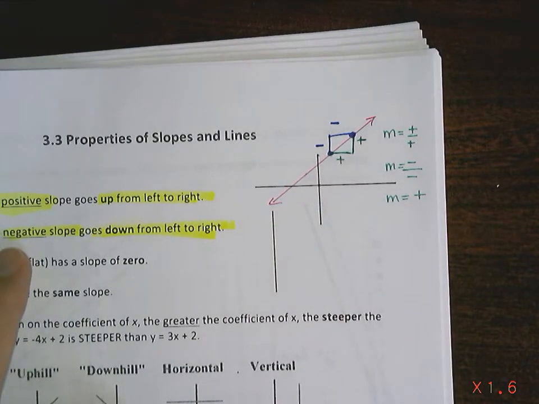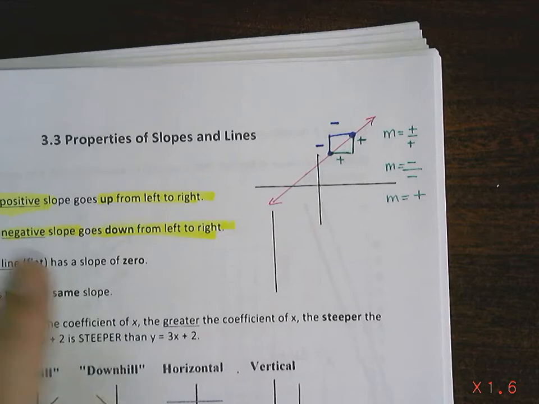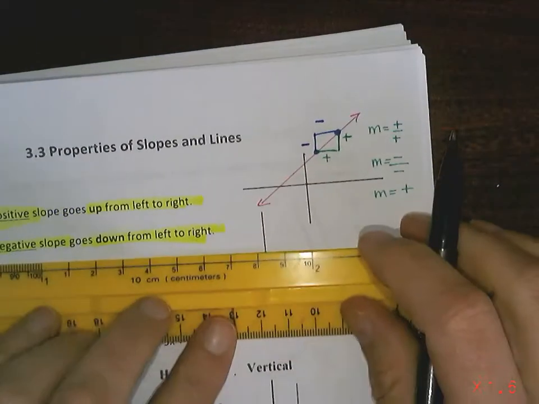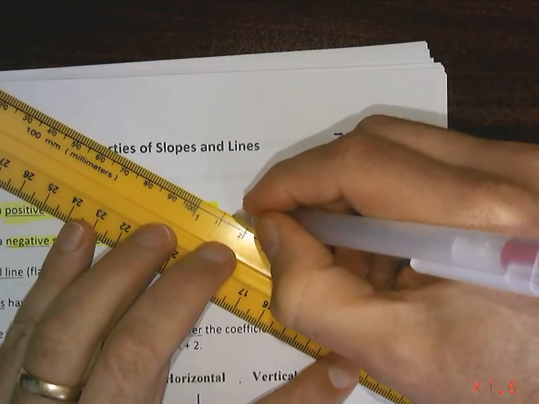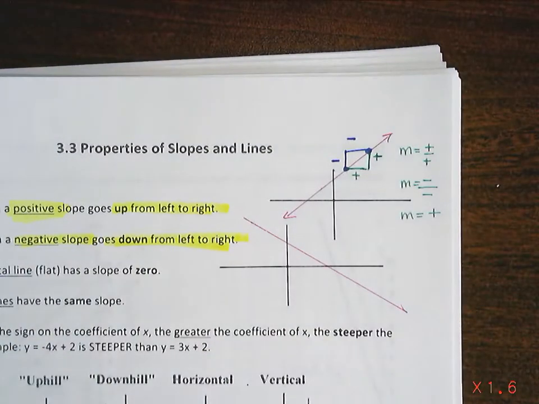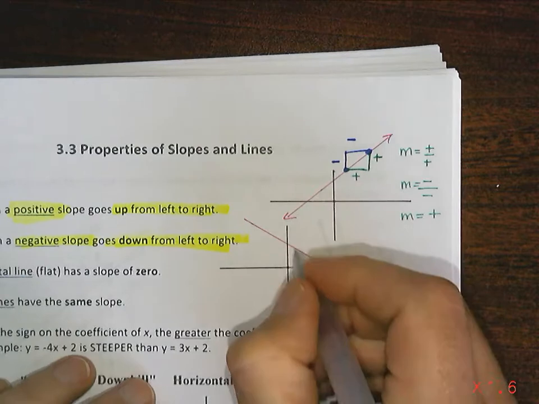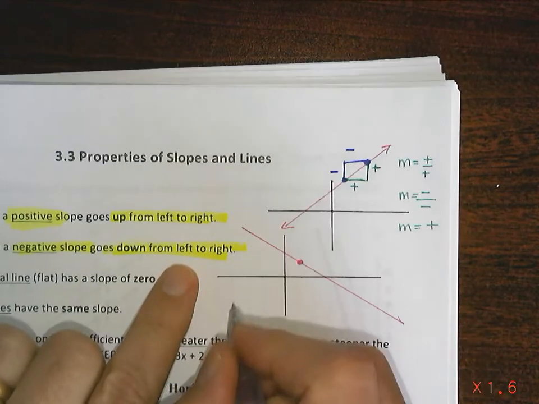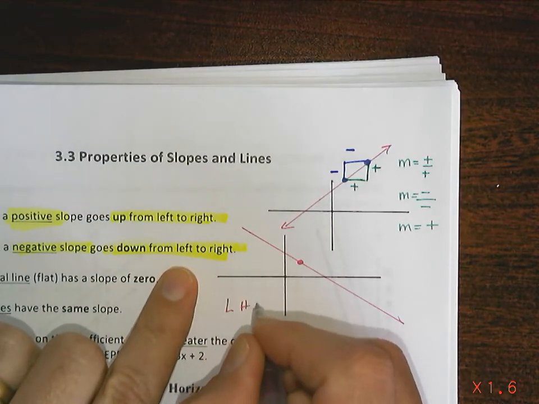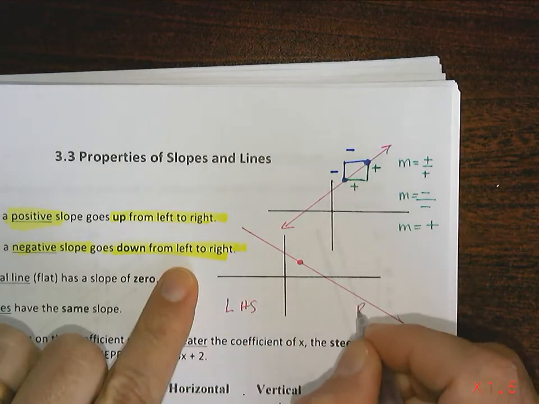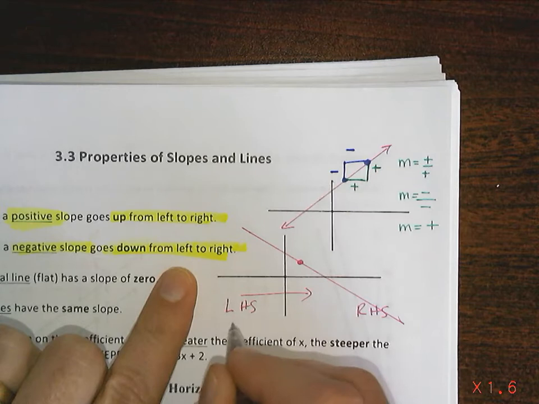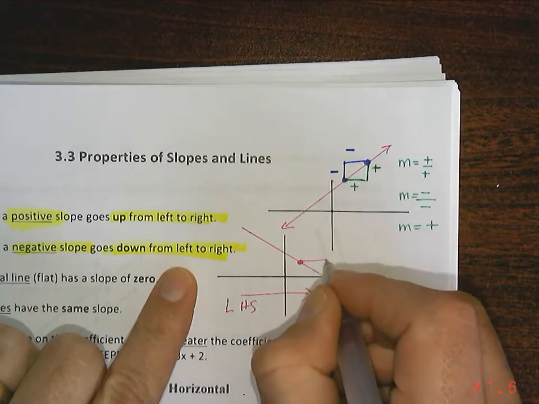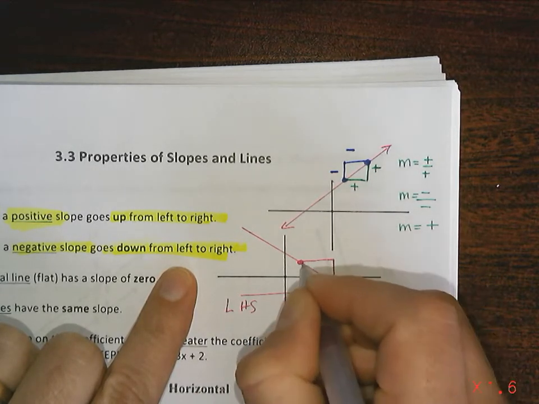Now, a negative slope, well, that's going to be a line that's going to fall left to right. So that's a line that would look something like this. So as I go left to right, as I go from the left-hand side of the graph to the right-hand side of the graph, so moving left to right, I'm going to go over and down.